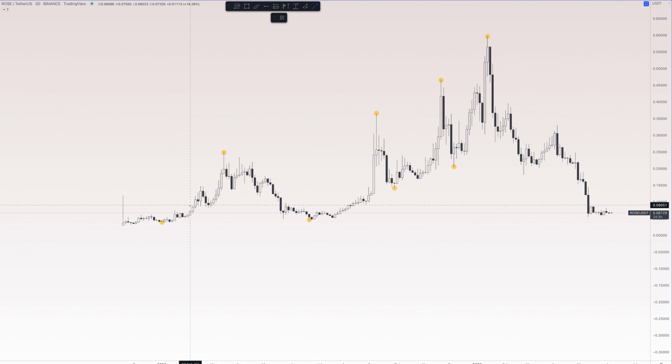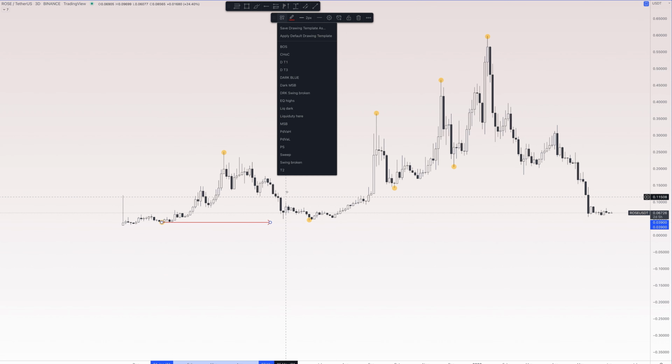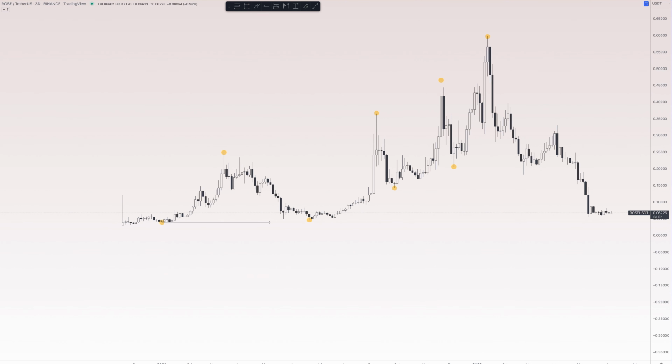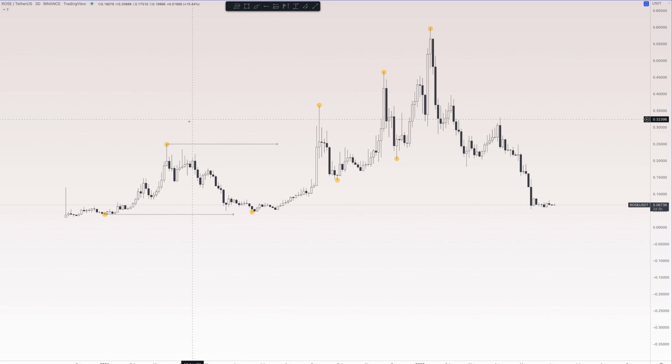Well, if we're going to look at these points, like I said, and we're going to draw lines from them. So let's say from this point, then we have this point, and as long as this point or this point does not get broken, we will not break our structure.